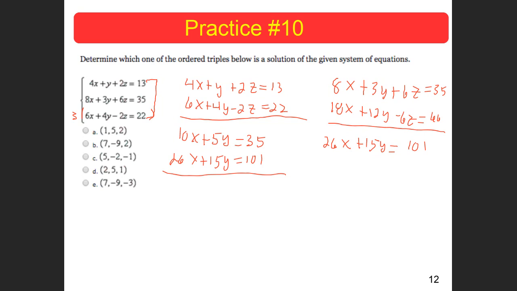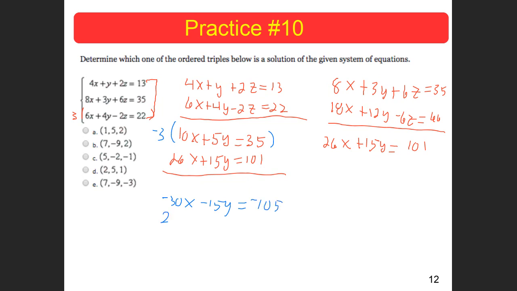And I want to add straight down to get rid of one of those variables, right? Because I got rid of the z, so now I'm left with two variables. I'm going to multiply through by negative 3 on the top equation, okay? Because that'll give me negative 15y. So that gives me negative 30x minus 15y is equal to, is that negative 105?